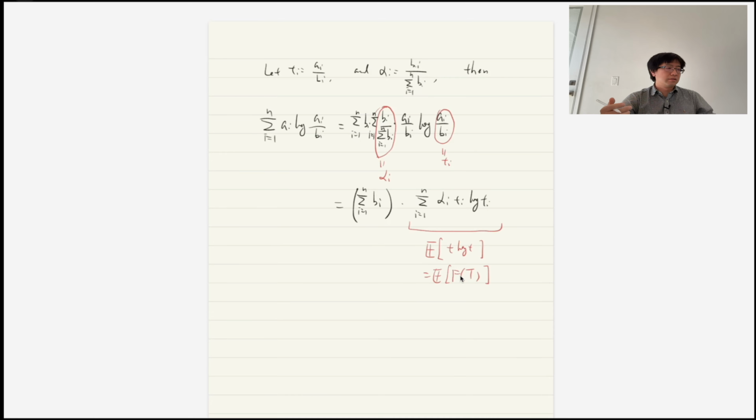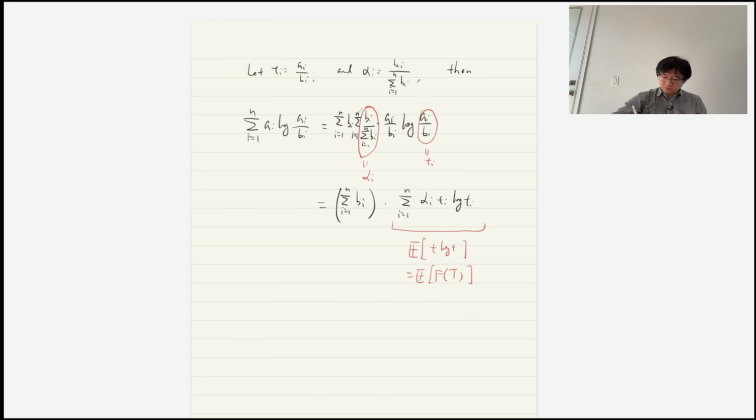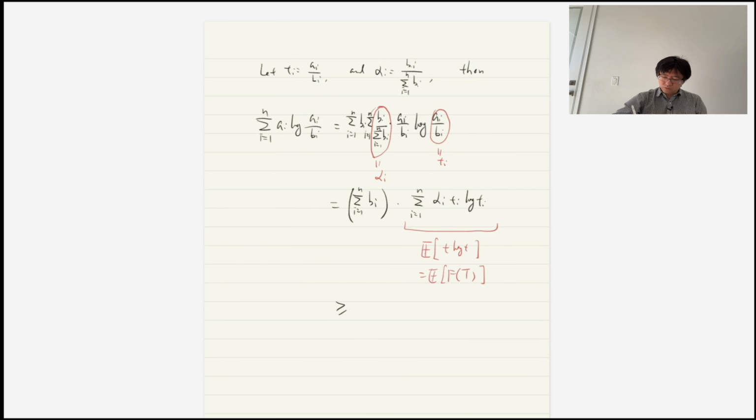And since it's strictly convex, we know by using Jensen's inequality that this is bigger than or equal to the following. The first term didn't change, still have this. Then we need to write down the function of the expectation.